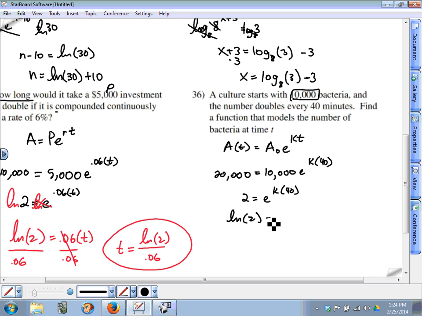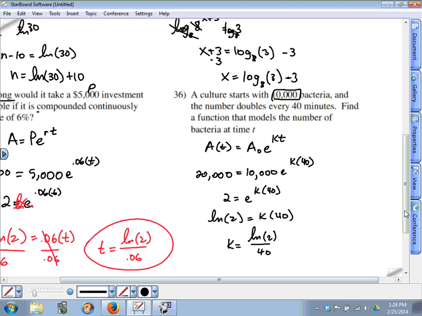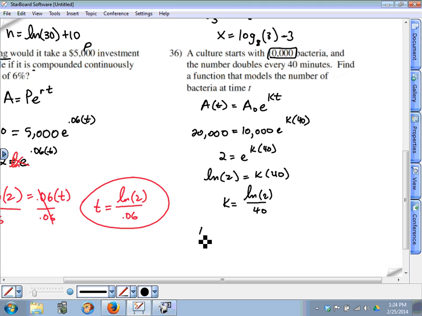Take a natural log on both sides, and then divide by 40, we get the value of k, it's the natural log of 2 over 40. Now that we know the value of k, we can finish our function. The amount at any given time t is equal to 10,000, that's the initial amount, times e, this is our k value, and that's multiplied by t.